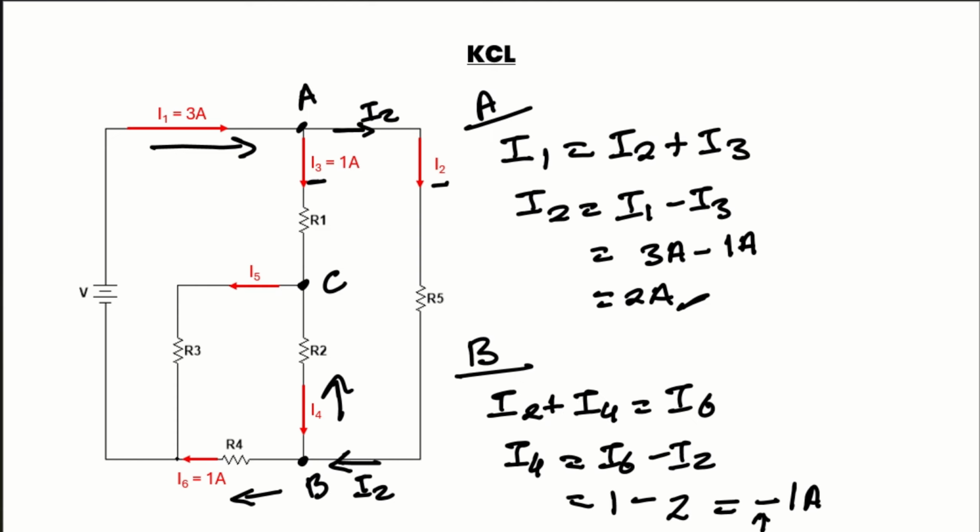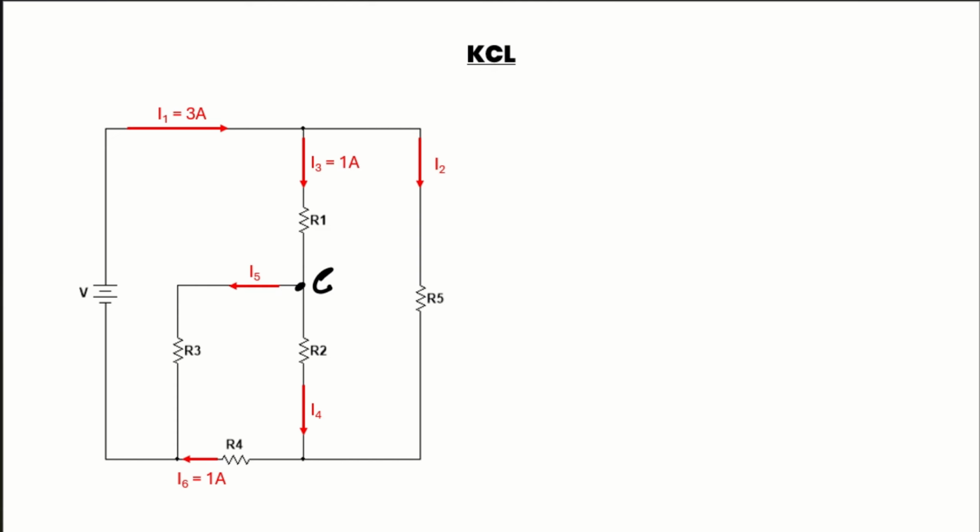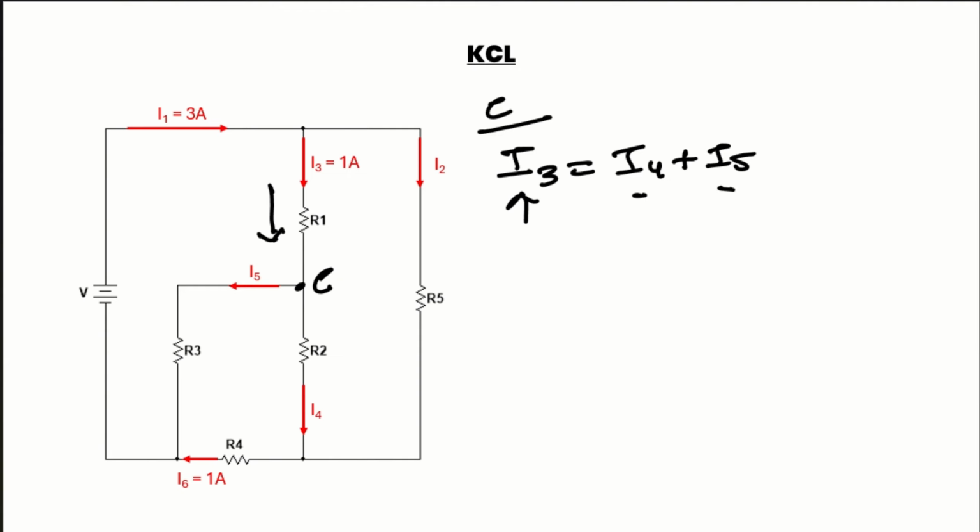Now let's try to find I5. At junction C, if I apply KCL, the equation is I3 should be equal to I4 plus I5, where at the junction I3 is the current coming in and I4 and I5 are going out from the branch.